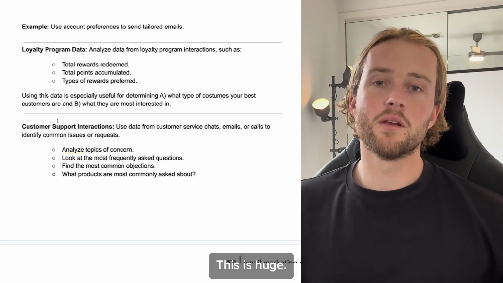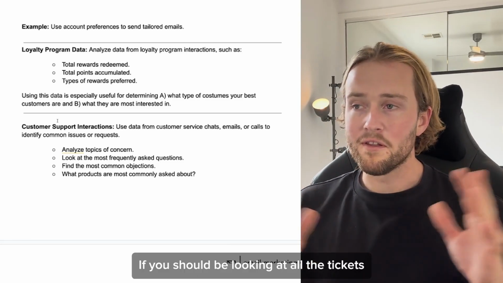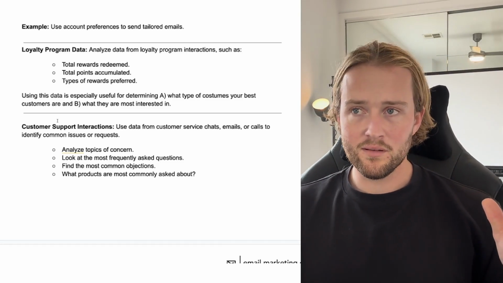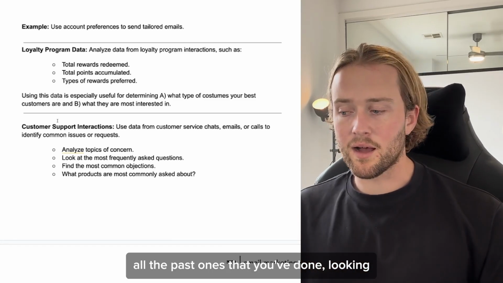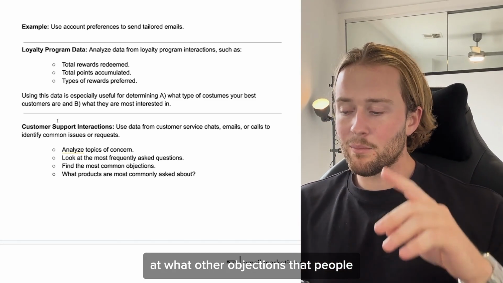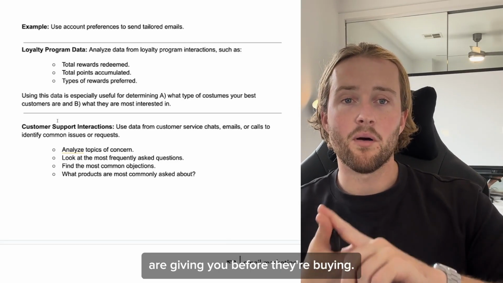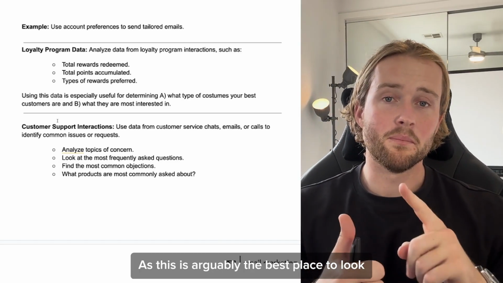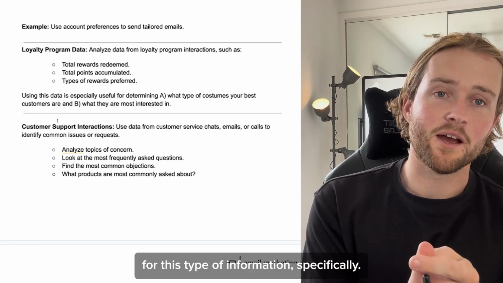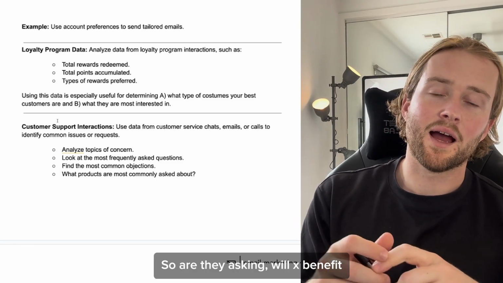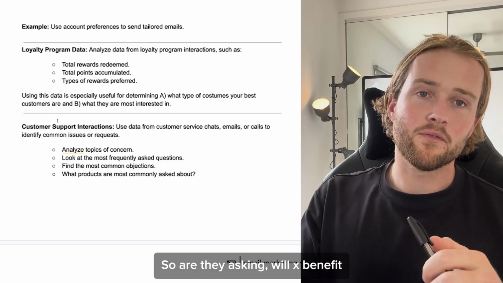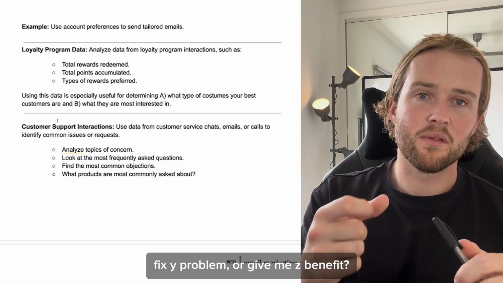Customer support interactions. This is huge. You should be looking at all the tickets that your customers are sending through, having a deep dive through all the past ones that you've done, looking at what objections people are giving you before they're buying, as this is arguably the best place to look for this type of information specifically. And then what other things they're looking for. So are they asking, will X benefit fix Y problem or give me Z benefit?